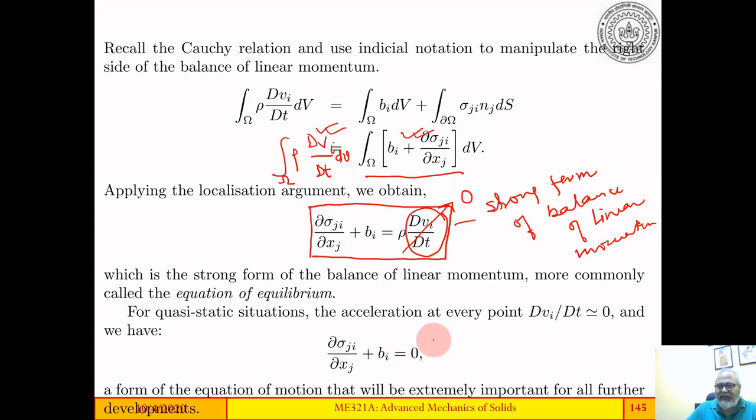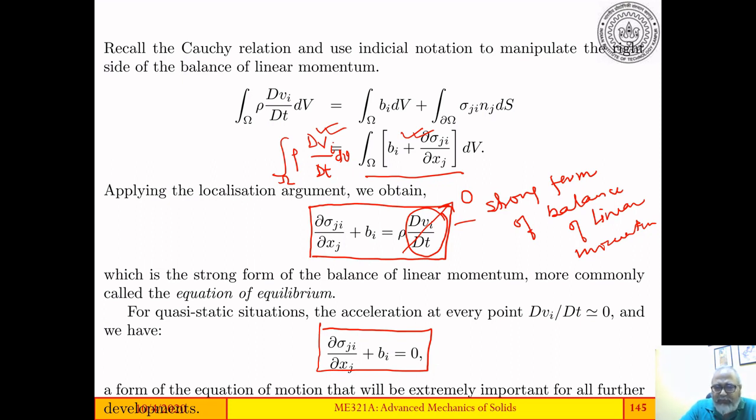So if accelerations are small, then this is the equilibrium equation, or the embodiment of the balance of linear momentum in strong form that my stresses must satisfy at each and every point in the body.